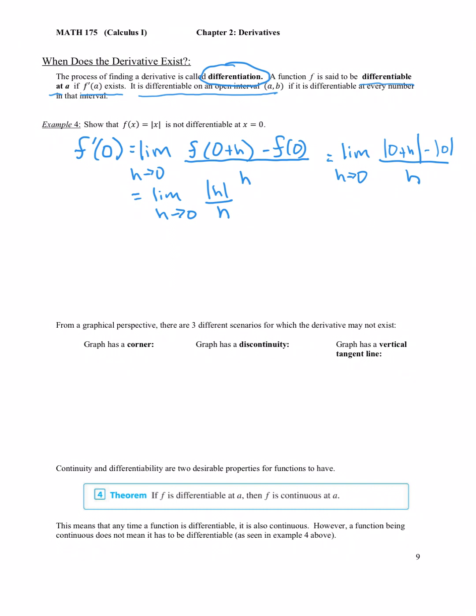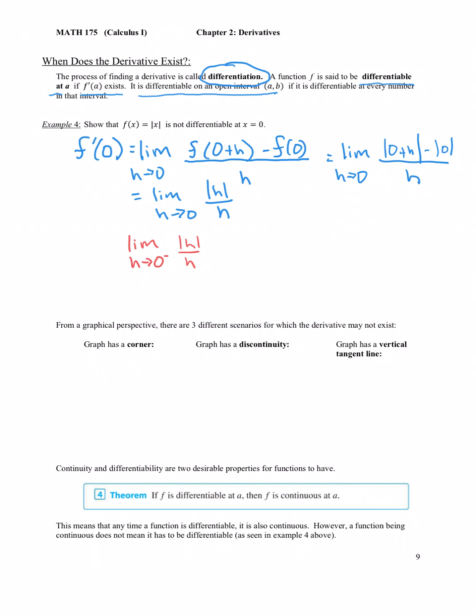Remember, in order for the derivative to exist, or the limit to exist at 0, the right-hand limit and the left-hand limit must both equal each other, yes? So let's take a look at our left-hand limit. I wrote the left-hand limit in red.